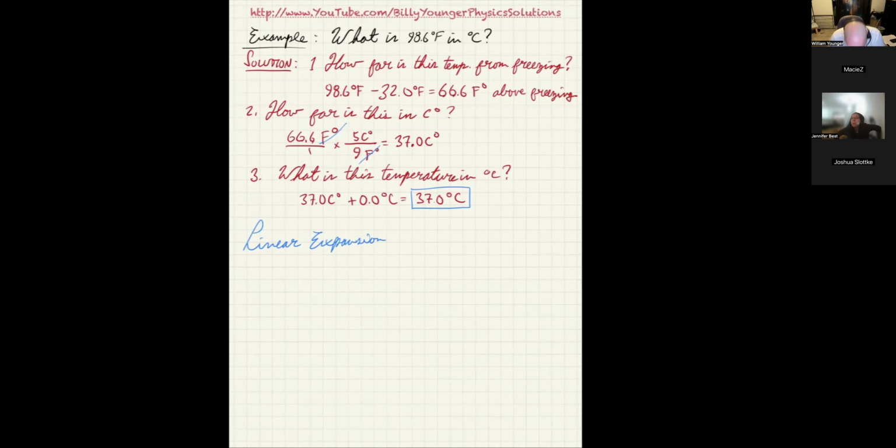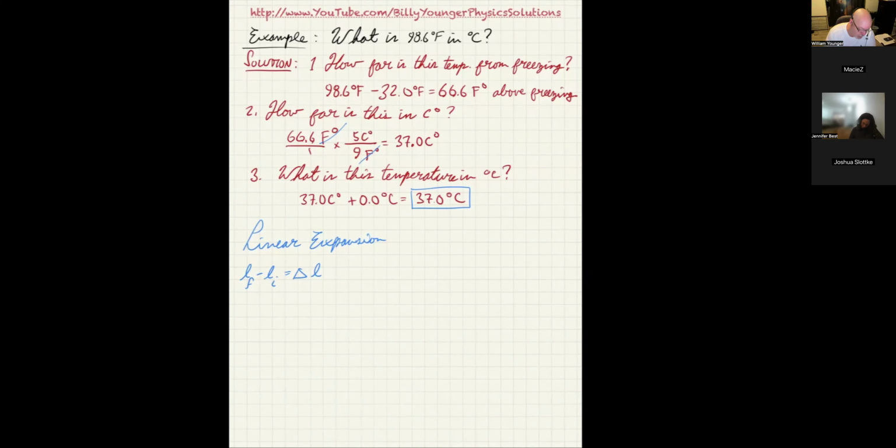you probably can figure out that we expect the change in length, delta L, which by the way, remember delta always means final minus initial. So that's L final minus L initial. Just to use the words initial and final. That's why I put the I and the F there.